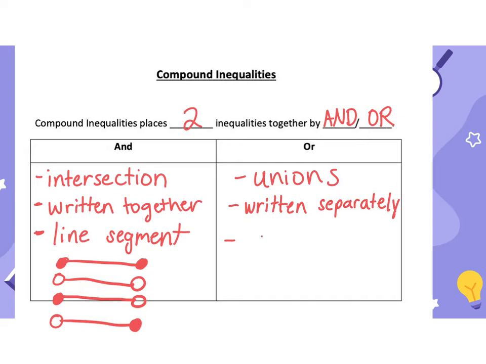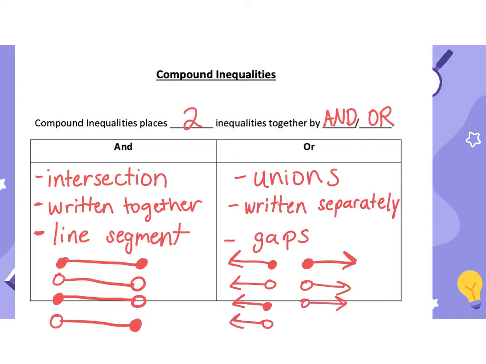These are going to be graphed as gaps. Okay, so normally it's going to look something like this. Got one arrow going one way and another arrow going the other way. These can be any kind of dot, okay, open or closed. So we could have one of each, or two of the same.